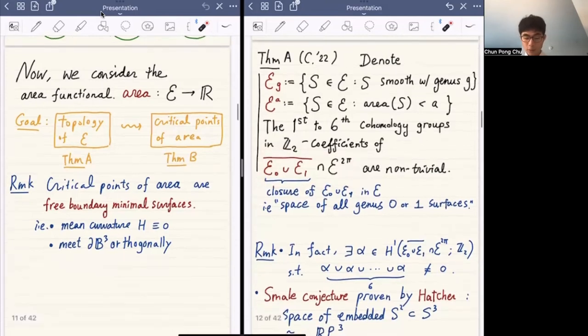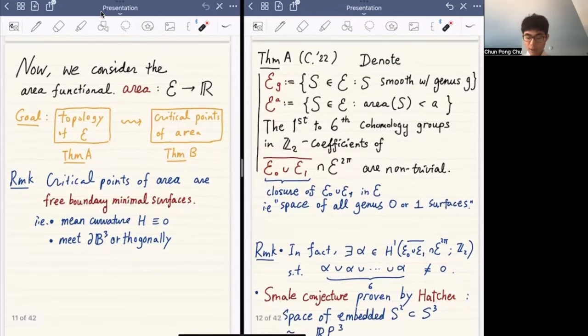In fact, we will prove a slightly stronger theorem, which says that there's an element in the first cohomology group such that its 6th power, meaning you cup this with itself 6 times, is non-trivial, non-zero.